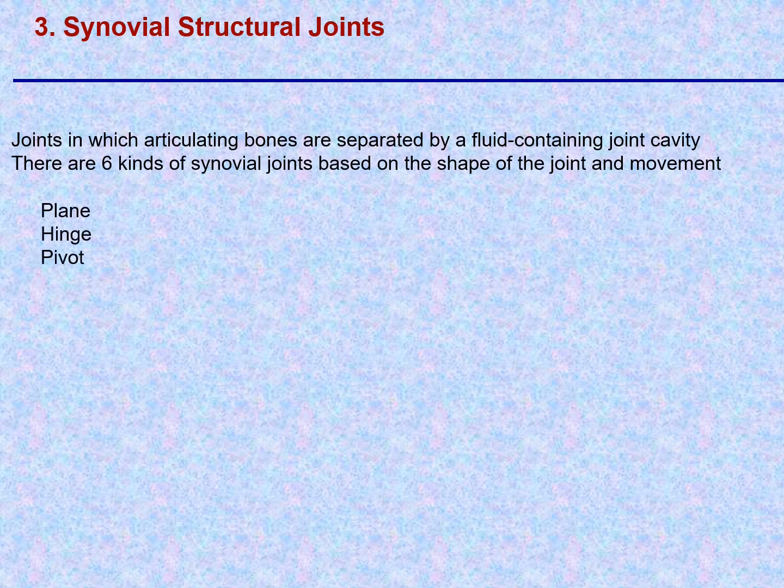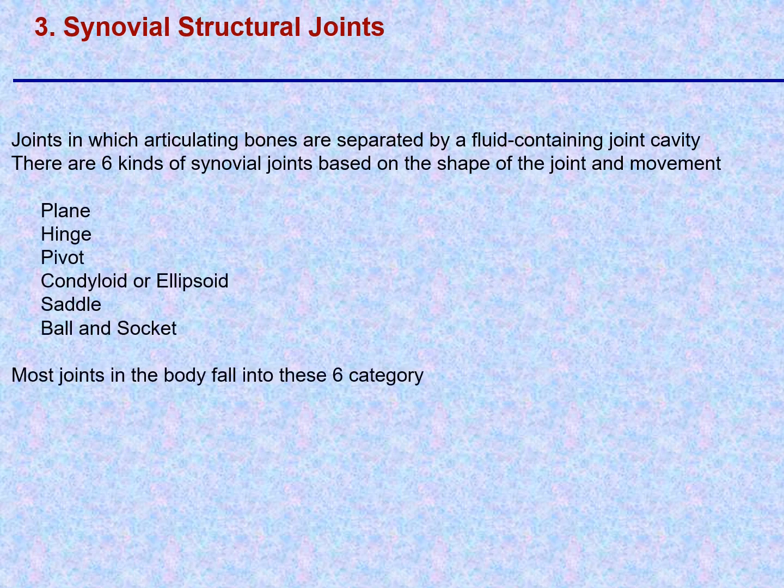The third type of functional joint, we did fibrous first, second was cartilaginous. The third type is a synovial joint, which is much more complicated because of the surrounding joint cavity.